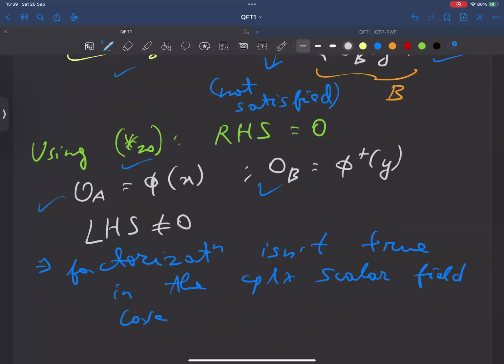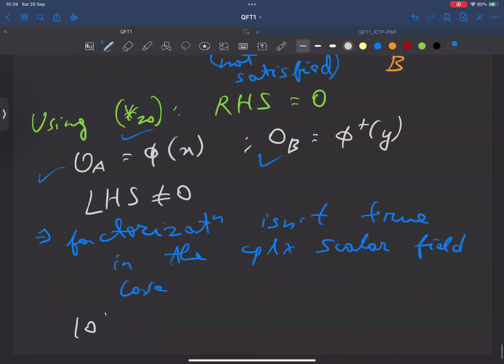So this means that when you write down a generic vacuum, you cannot write it like this between two space-like separated regions, with A and B space-like separated.